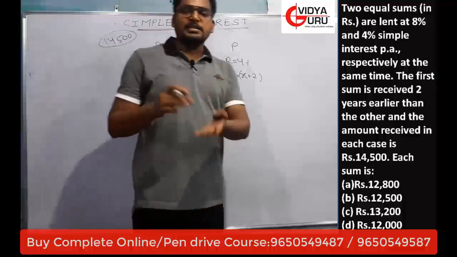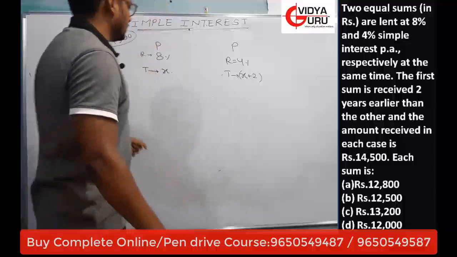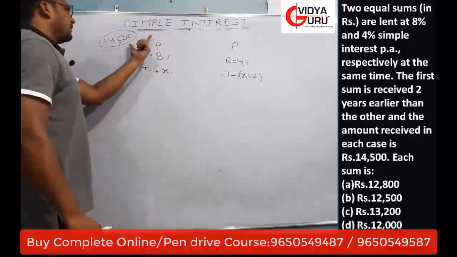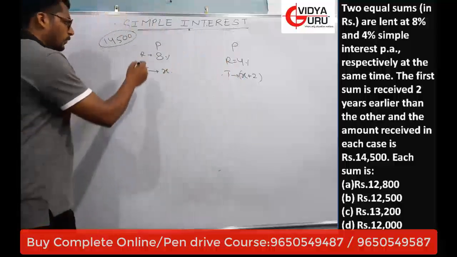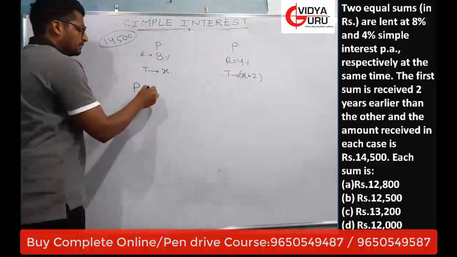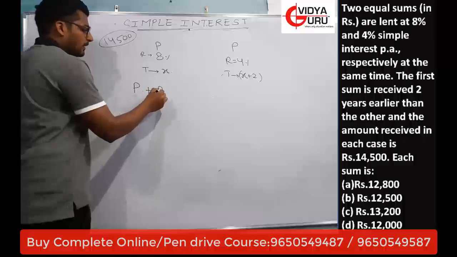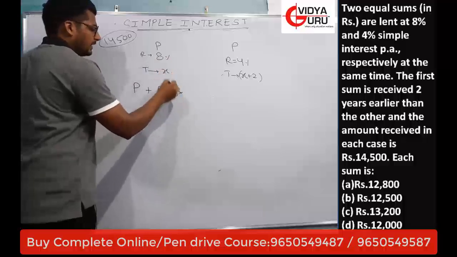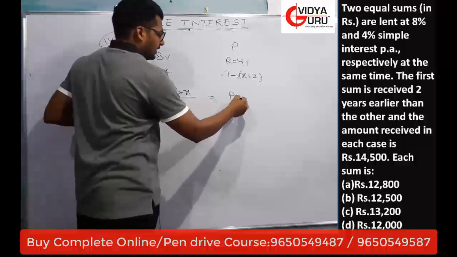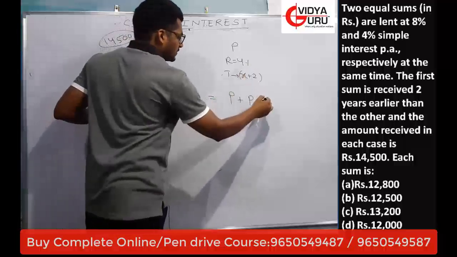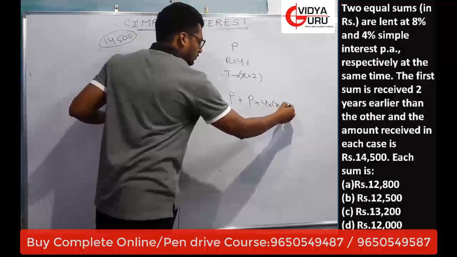14500, and each sum is the principal. We need to find out the principal. 14500 is received in both cases, that means the amount is equal. How can we find the amount? Principal plus SI. SI is what? P, R is 8, T is x, by 100. And here also P plus SI, P, R is 4, x plus 2 by 100.